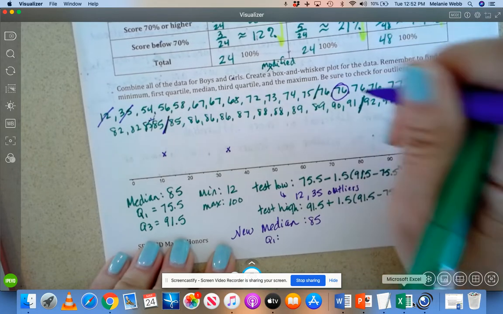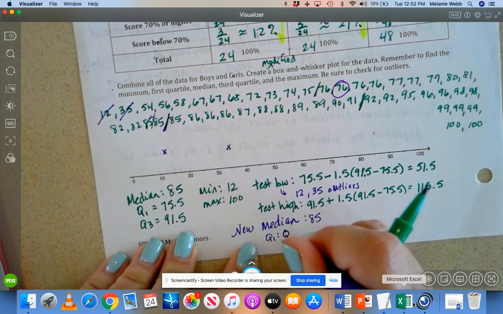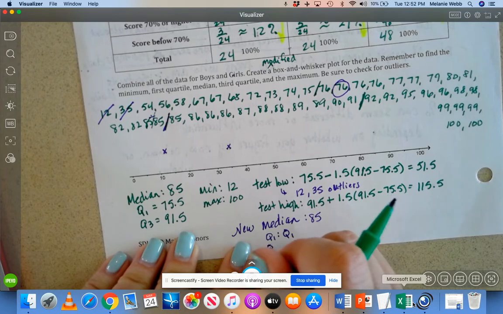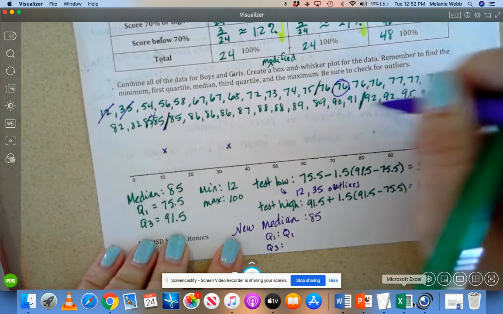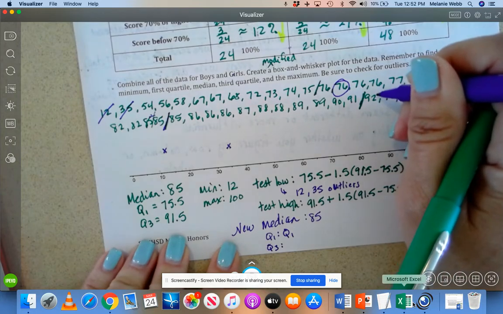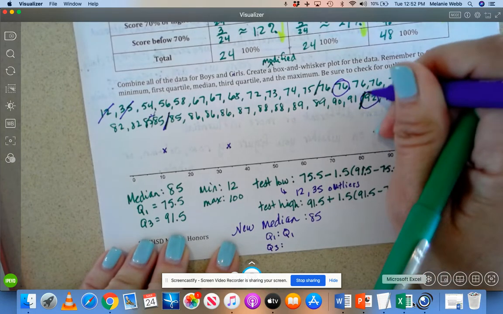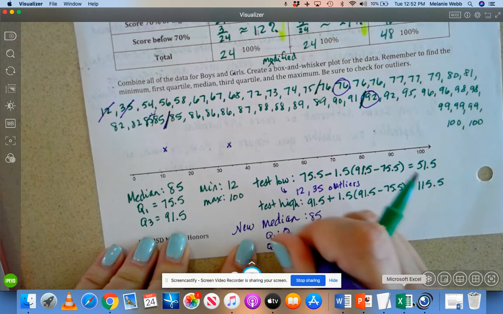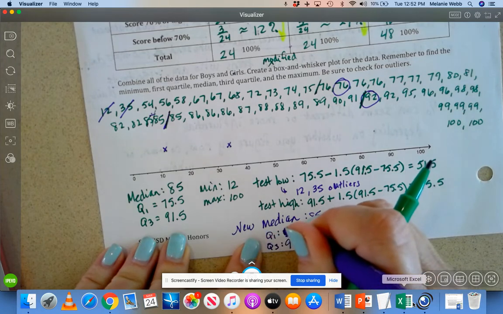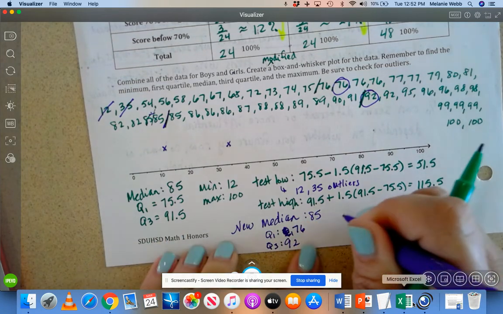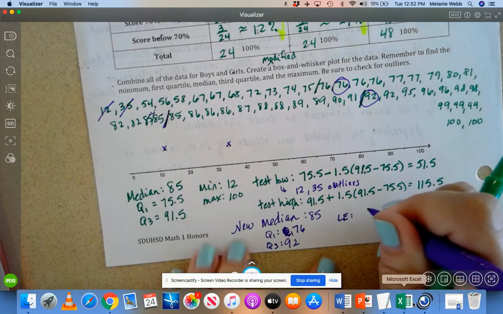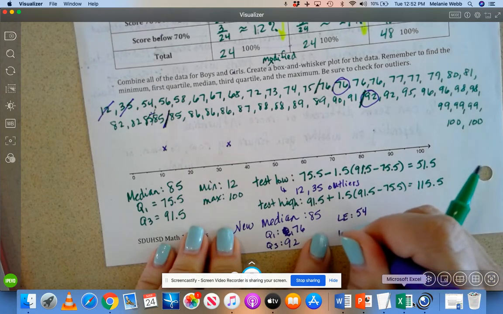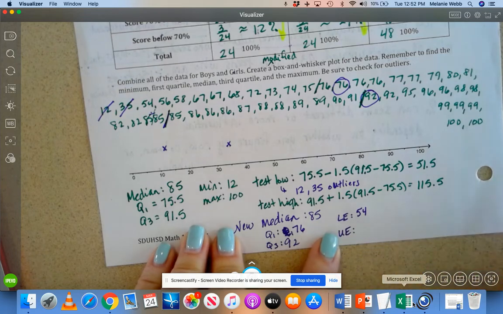Q sub 1 is 76. Q sub 3, if I count halfway, my upper half is 92. It's this 92. Oops, why did I write that again? I meant 76. My new minimum is 54, and my upper extreme stays the same, 100.